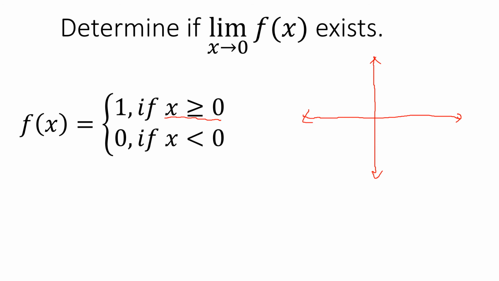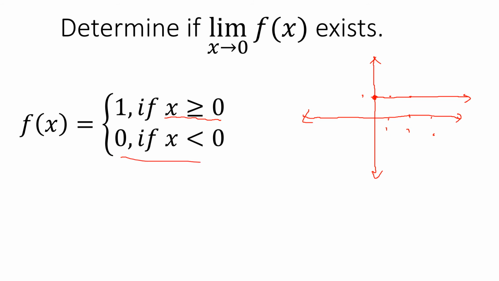So when x is equal to 1, then y is just 1. x is equal to 2, y is just 1, and so on and so forth as you go further in that direction. So it actually is a horizontal line from 0 to positive infinity.